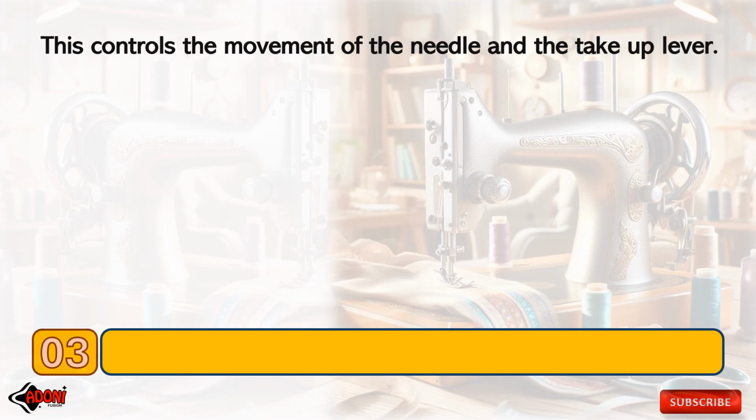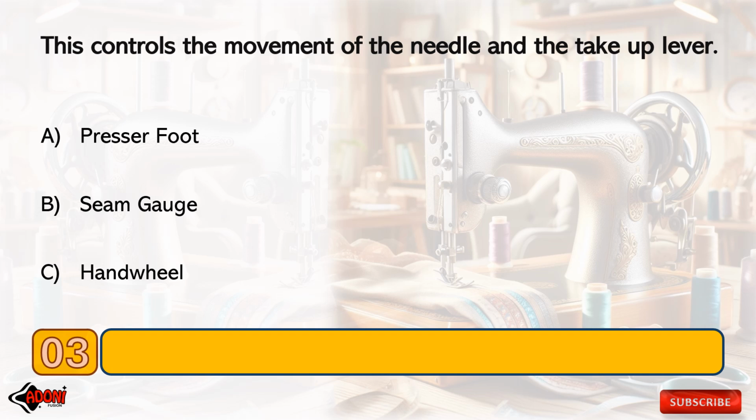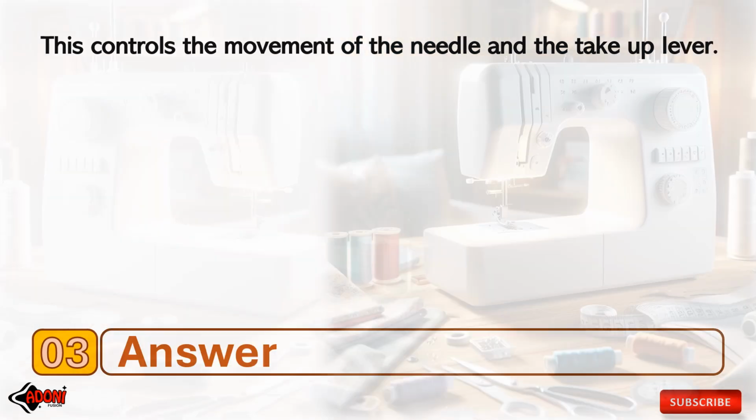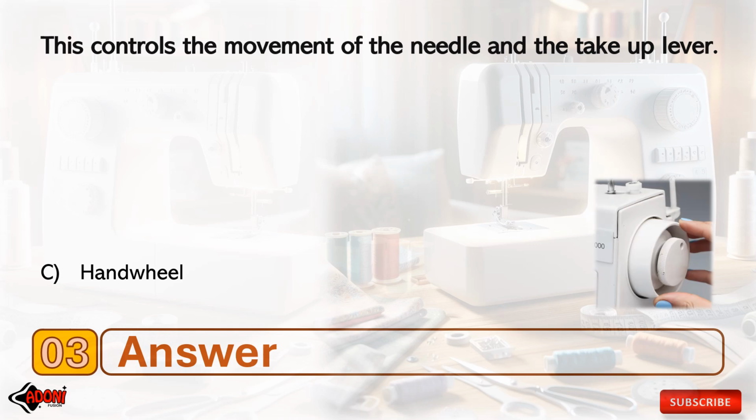This controls the movement of the needle and the take-up lever: presser foot, seam gauge, hand wheel? The answer is hand wheel.